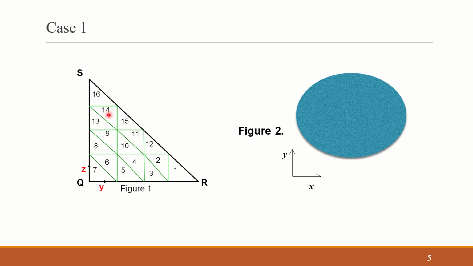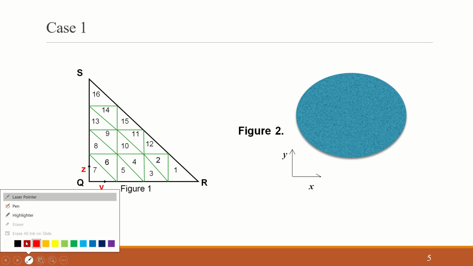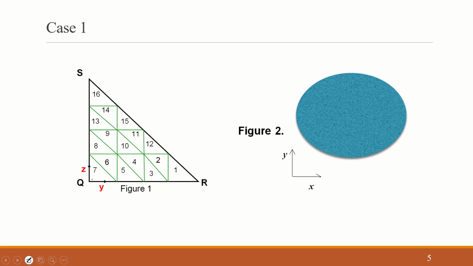Okay, we'll now start with the session. So the first figure is a triangular duct. Here it is a YZ plane. The plane that we are given is a YZ plane, so we can assume that the flow is taking place through the X direction.